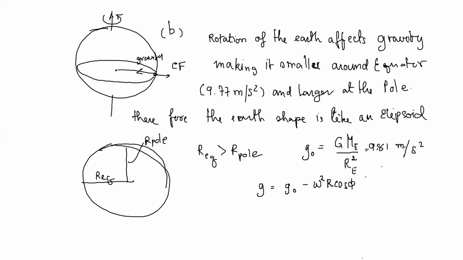And as a result, when the Earth was forming, it turned out that the radius of the Earth at the equator is greater than the radius at the pole. So the Earth actually doesn't have the shape of a sphere. It's actually the shape of an ellipsoid. The radius at the equator is a little bit bigger than the radius at the pole.